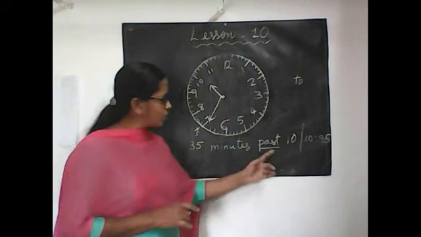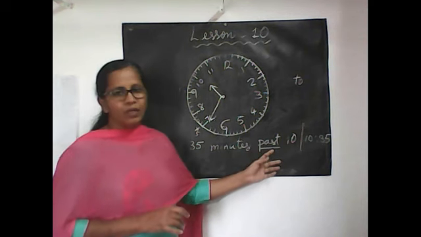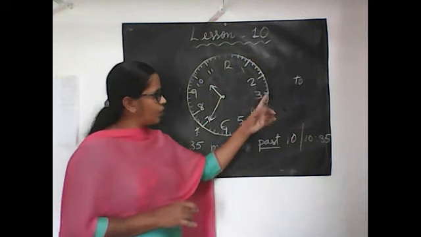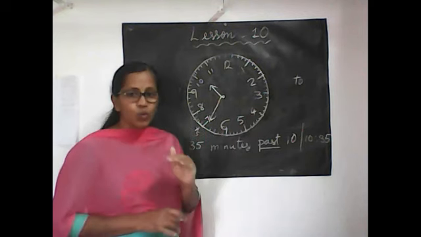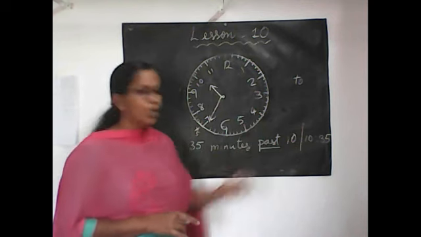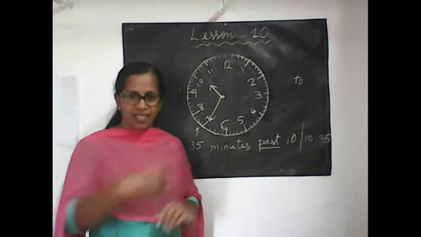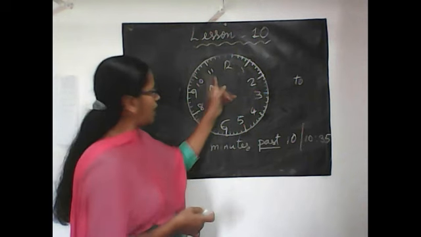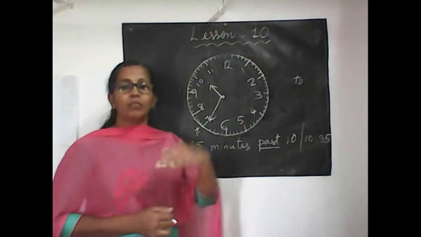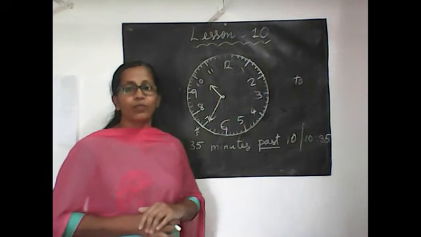When we use the word past, we say the hour which is just past. But when we use the word to, we don't say 10 o'clock. We say the next hour. Next hour is 11. So, how many minutes more to 11? That is the use of to.